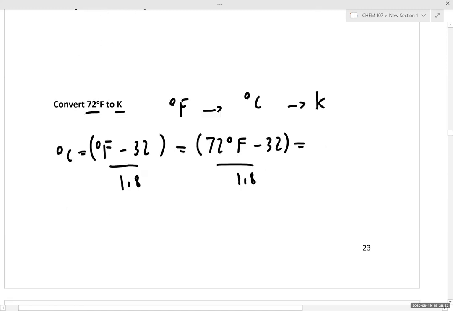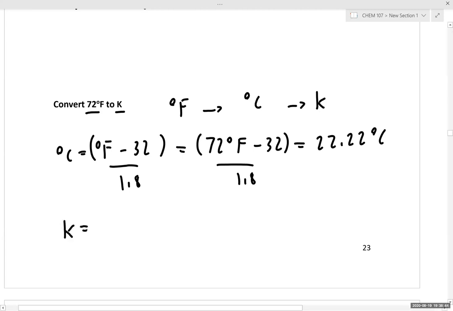And that in turn gives us, so we have 72 minus 32 over 1.8. And that gives us 22.22 degrees Celsius. We're carrying excess digits just so that way we don't end up with rounding errors.